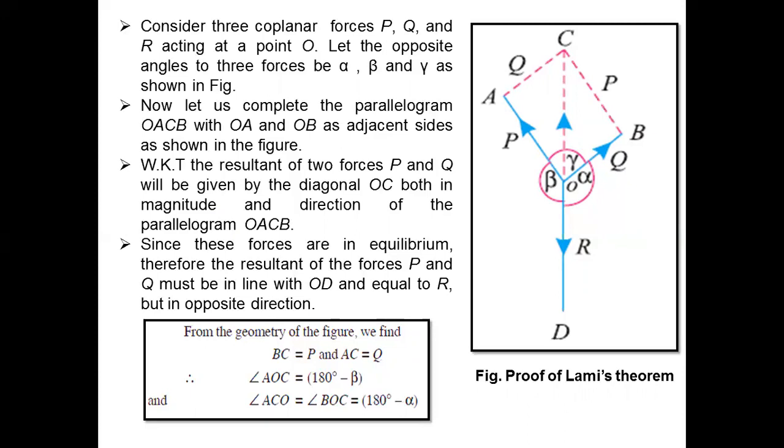How to prove that? To prove Lami's theorem, we use the parallelogram law. What is the parallelogram law? It says that when two forces are acting at a point, if you complete the parallelogram by drawing the other two sides of the two forces, then the diagonal drawn from the same point where the forces are acting indicates the resultant of the forces.